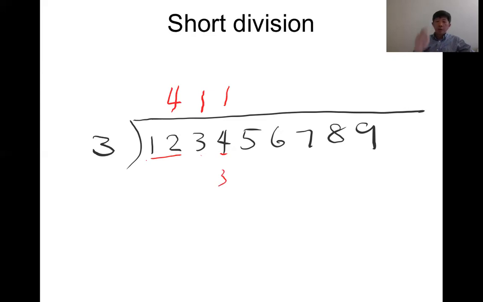We have 1 remainder, so we have 15. 15 divided by 3 would be 5. 6 divided by 3 would be 2. 7 divided by 3, we put 2 there, remember 1 there. Now 18 divided by 3 is equal to 6. Now 9 divided by 3 is 3. So you can come up with the answer very quickly, don't you think?